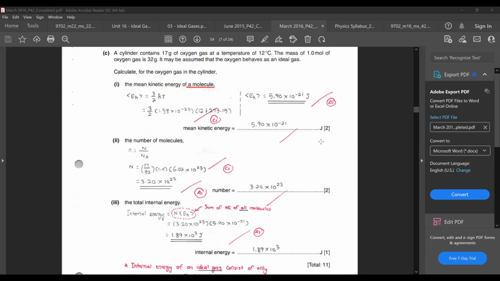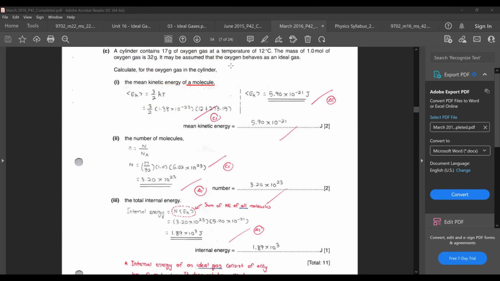Now, the next one they'll ask you is, what is the number of molecules? To find the number of molecules, you can just use this. Number of moles is the number of molecules divided by your Avogadro constant.